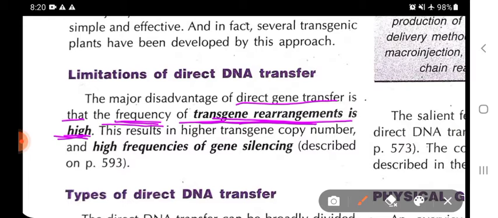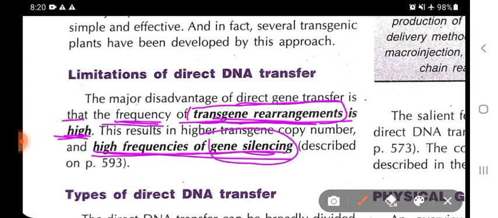Second thing, too much introduction of transgene makes the host cell do gene silencing. That means they will not allow the expression of that particular gene. That's another drawback. So there will be a high transgene copy number and a high frequency of gene silencing, where the expression of the genes is silenced, that means inactivated.